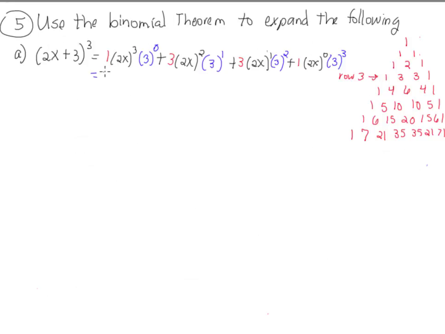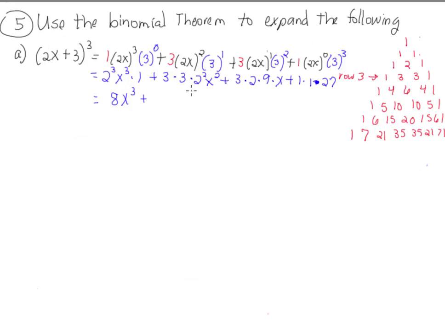We know 3 to the 0 is 1, and I know that 2x cubed is the same as 2 cubed times x cubed. Then I have 3 times 2 squared times 3 times x squared, plus we have 3 times 3 squared, which is 9, times 2 times x, plus anything to the 0 power is 1, so I got 1 times 1 times 3 cubed, which is 27. 2 cubed is 8, so that first term becomes 8x cubed.